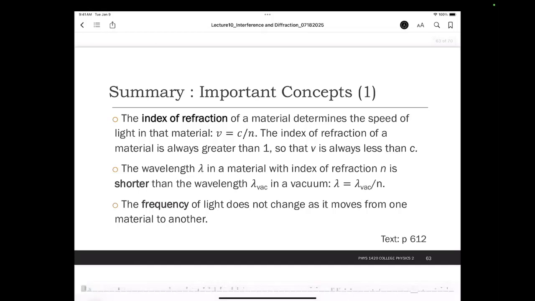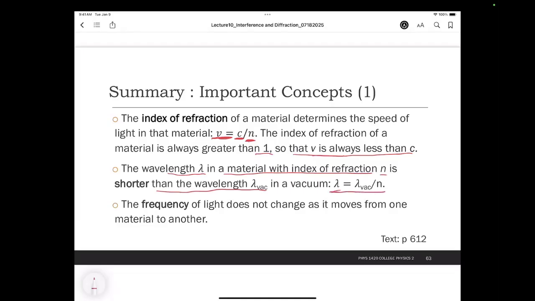This is the speed of light in vacuum, and this is the index of refraction. The index of refraction of a material is always greater than 1, so the velocity is always less than the velocity in vacuum. The wavelength lambda in a material with index of refraction n is shorter than the wavelength in vacuum. In vacuum it equals lambda.